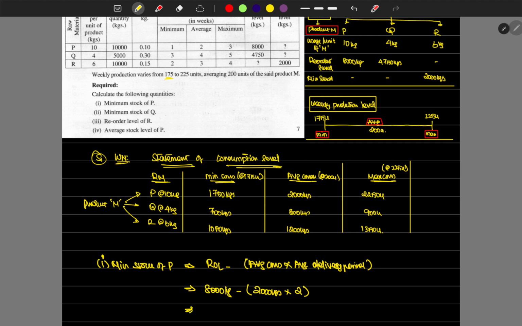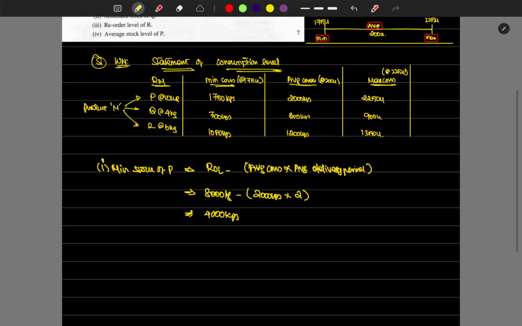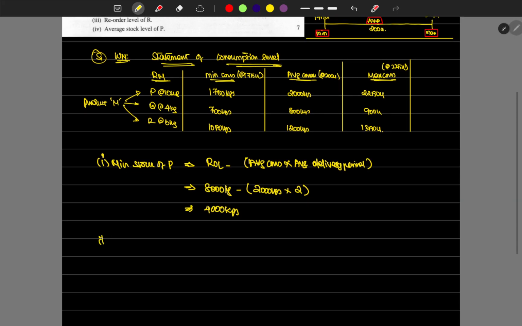We get 4,000 kgs as the minimum stock of P, which is the safety stock. At 4,000 kgs of raw material, we have to place an order. That's what the minimum stock level says. This is the safety stock we have to keep for raw material P.